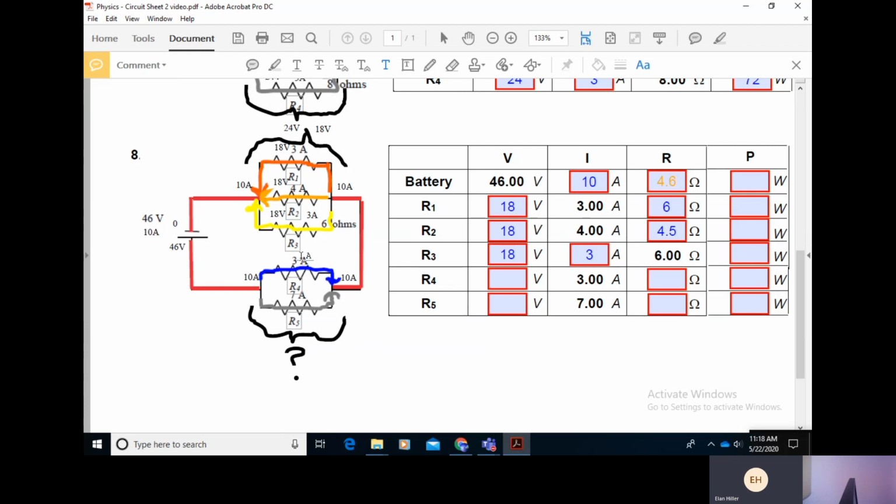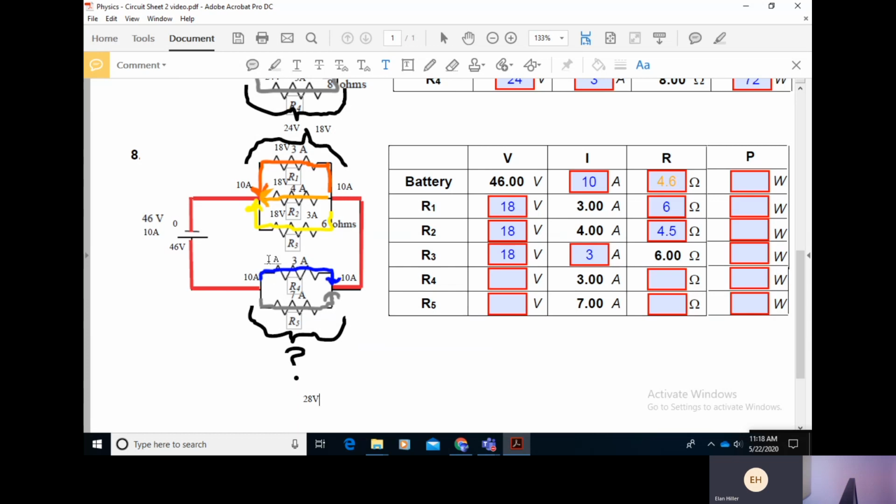So if we started with 46 and we subtract some number and then we subtract 18, we get down to 0. So to figure out this number here, subtract 18 from 46. So 46 minus 18 is a total of 28 volts.